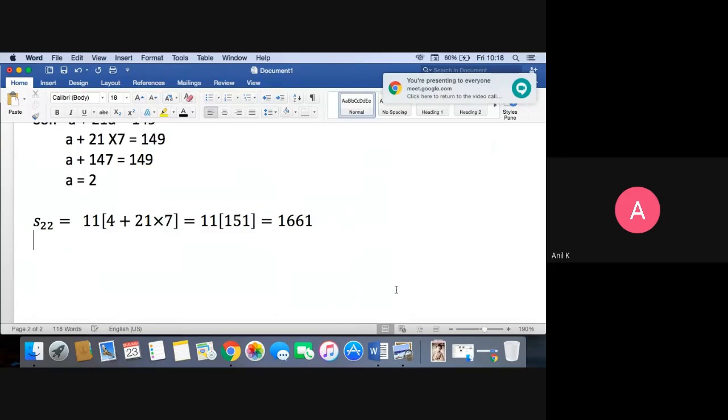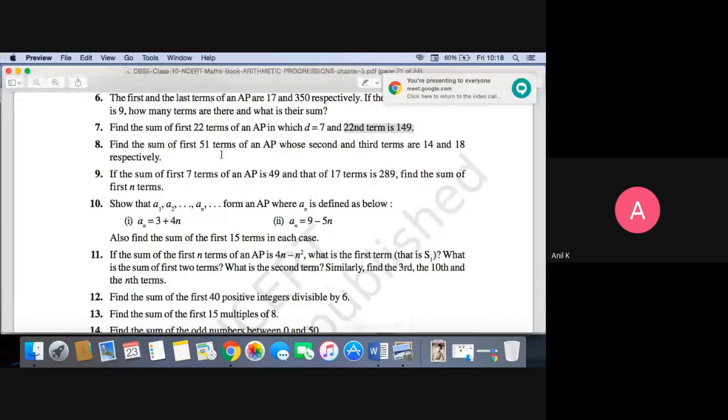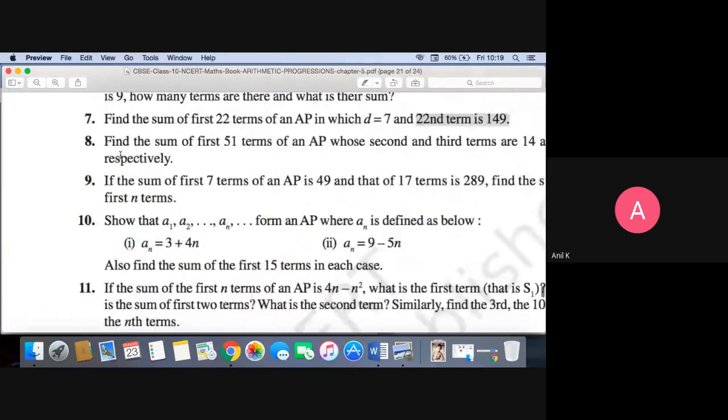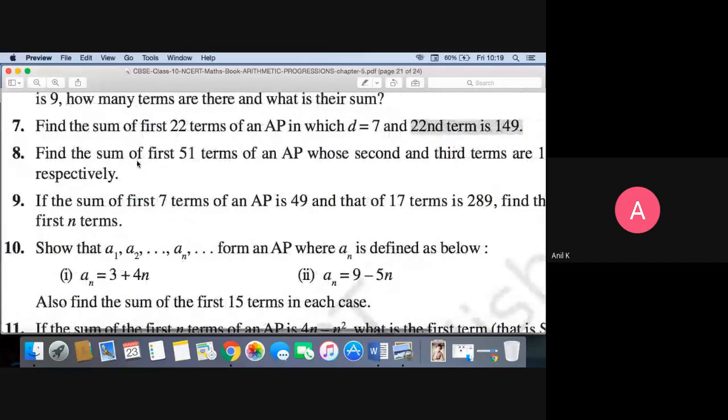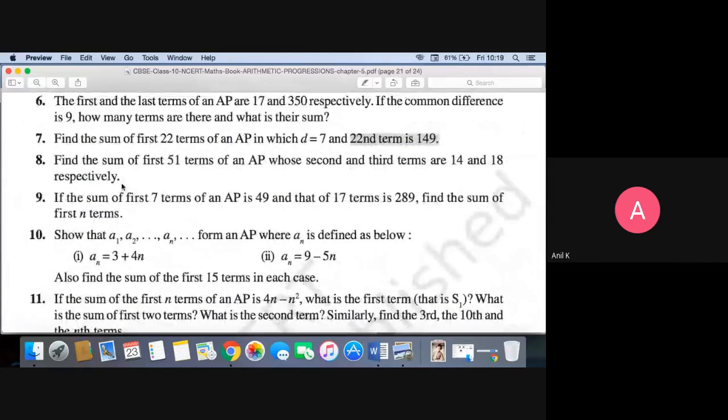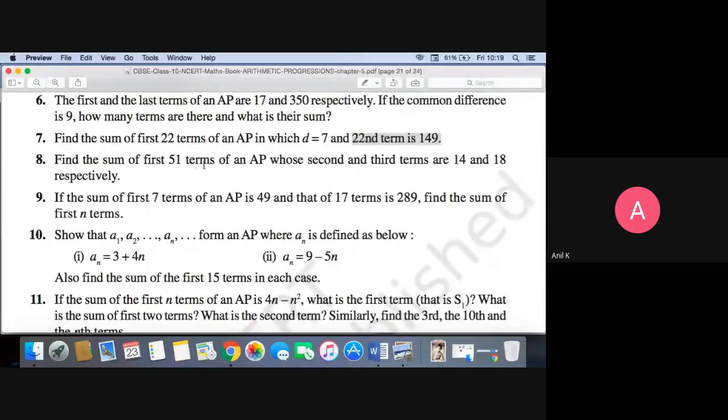This question is also easy. Seventh one done. Now the eighth one is to find the sum of the first 51 terms. That means we have to find S51 of an AP whose second and third terms are given.